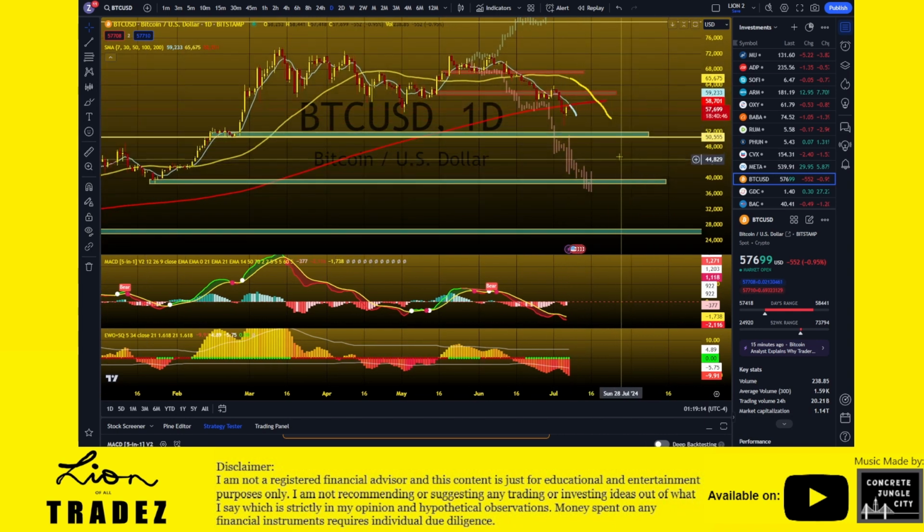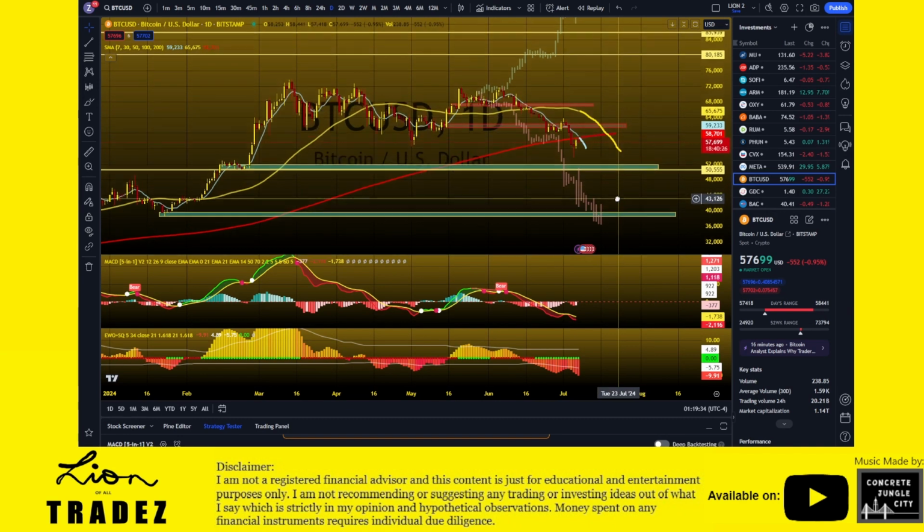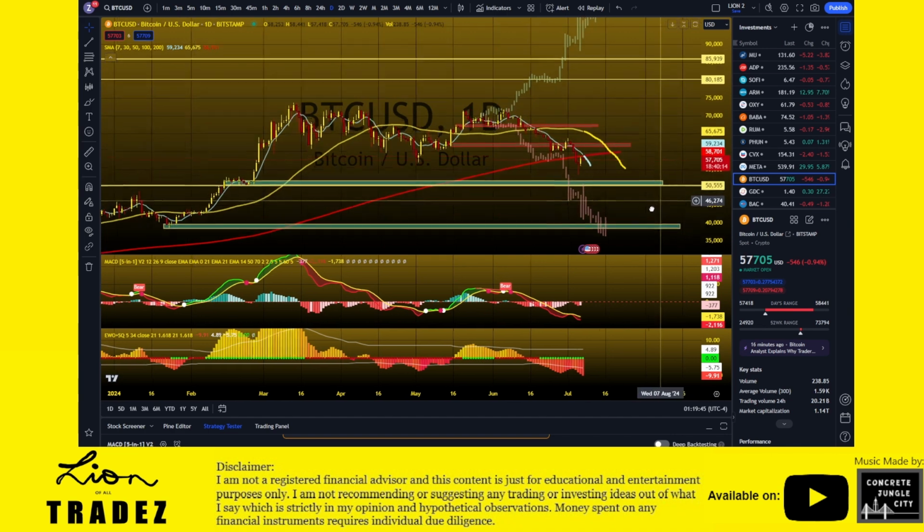It could come back down to 50K, then try to establish a bottom and hit a reversal, or simply follow this exact bars pattern and continue its sell off all the way to 40,000. So that's just my sentiment. I know a lot of other YouTubers have their opinions and sentiment. I'm going with mine. You don't have to follow what I'm saying. I'm just giving my thoughts on this.